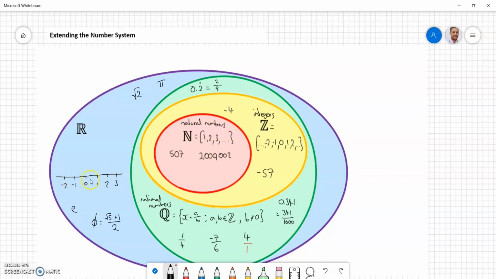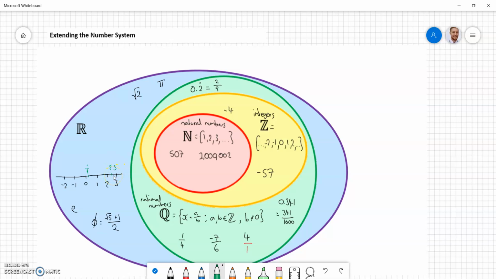And we don't really want gaps in this line. So then we started introducing these rational numbers. So we could have things like a quarter. We know that a quarter would go just about here. We would have the number, say 2.5. So 2.5 would go here.